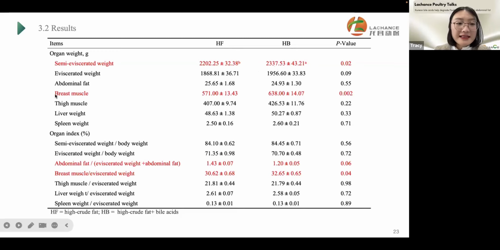And also, this is the breast muscle. So the breast muscle was increased from 571 to 638. And this is the abdominal fat percentage. You can see that after adding bile acids, the abdominal fat percentage was decreased from 1.43 to 1.20. Okay, this is the result of slaughter performance.